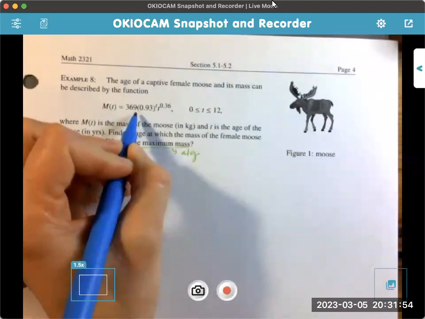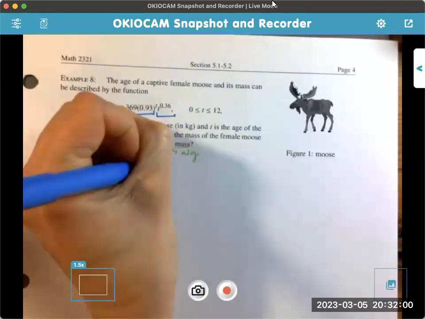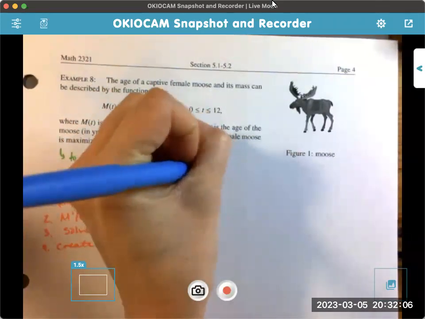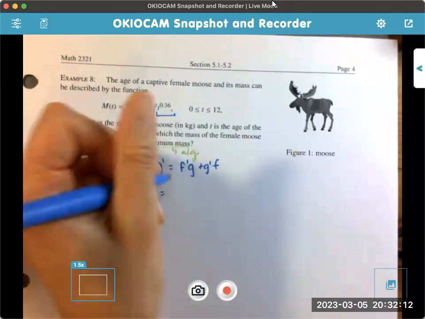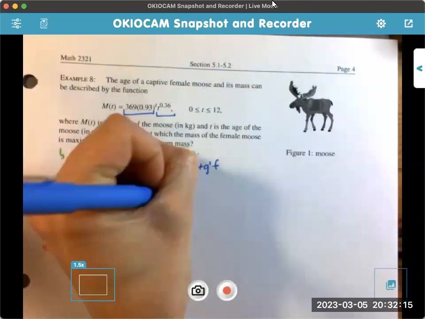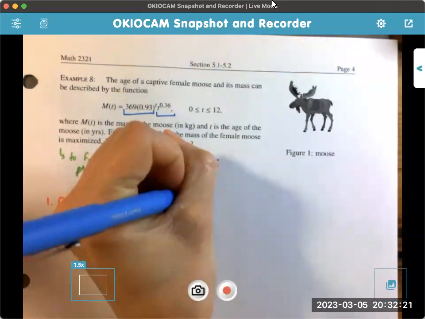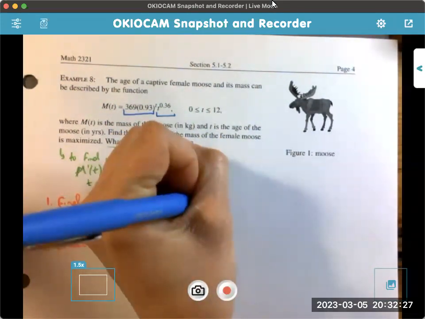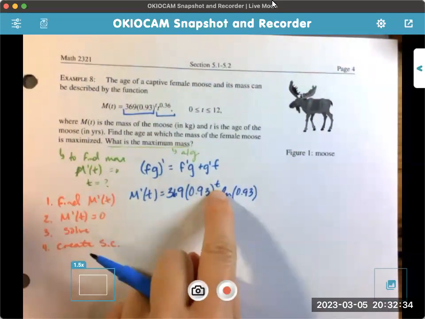Okay, so this is the product rule. We'll say here's F, here's G. Remember the derivative of F G is F prime G plus G prime F. So M prime of t: the derivative of F, the coefficient is along for the ride, times, remember the derivative of an exponential is a copy paste job, times the natural log of the base, 0.93, and then technically times the derivative of the exponent, but the derivative of the exponent is just 1, so we don't need it.